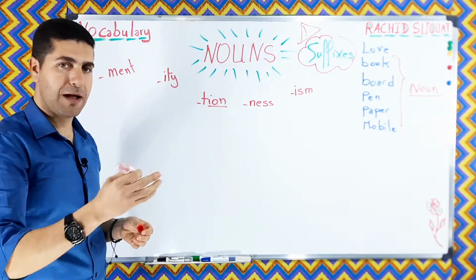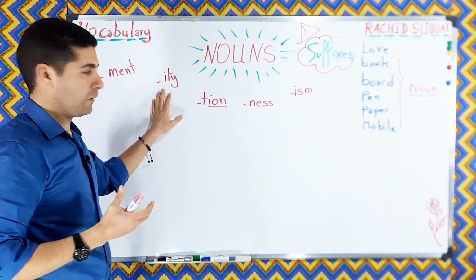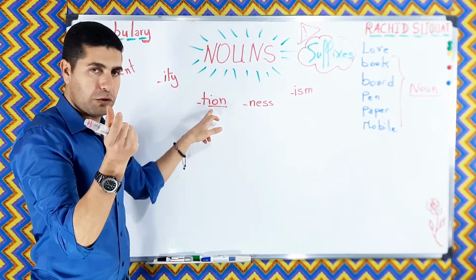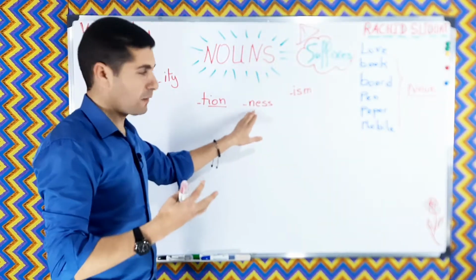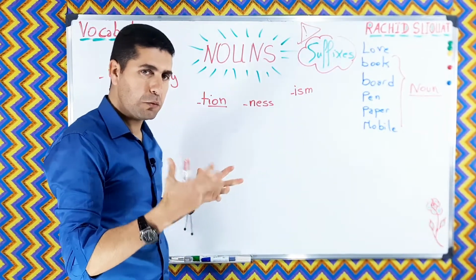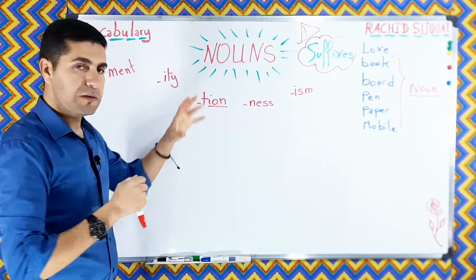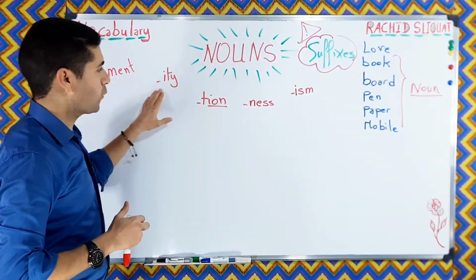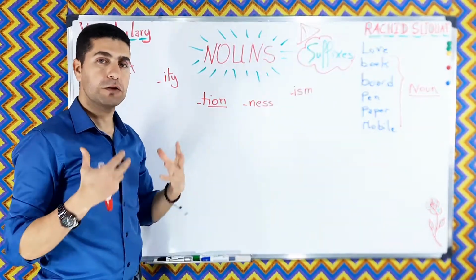Both tion and ion are the same. These are not the only ones we have. We have some other ones that we will tackle in another episode, but if you remember only these five suffixes that we can use to make nouns, it's great.